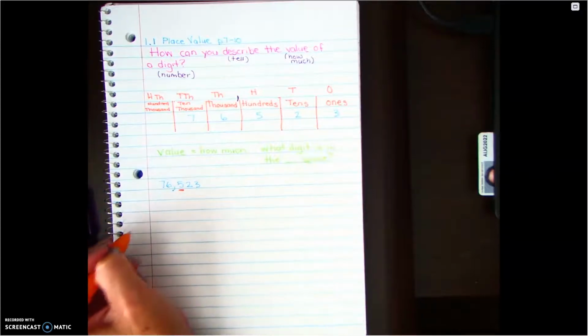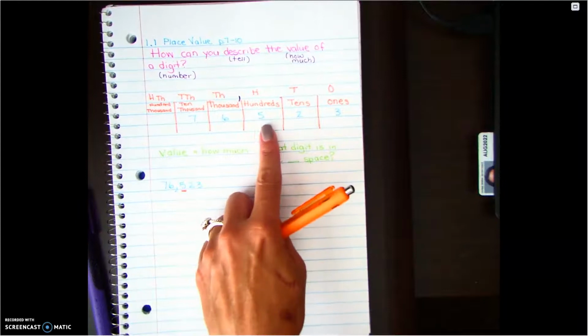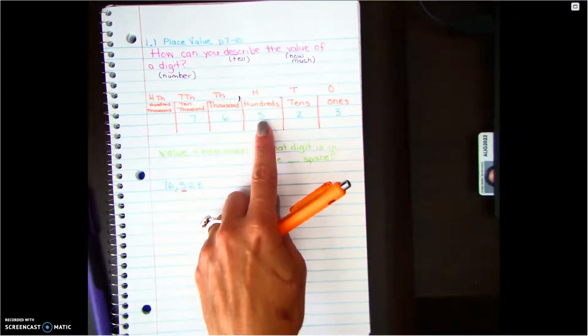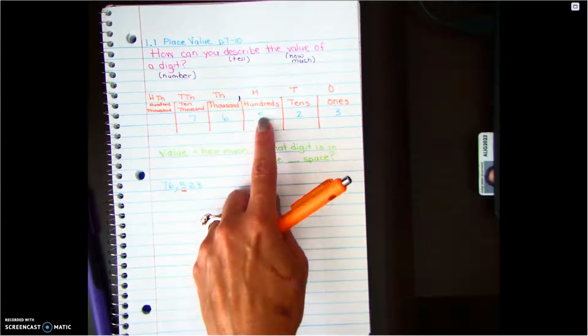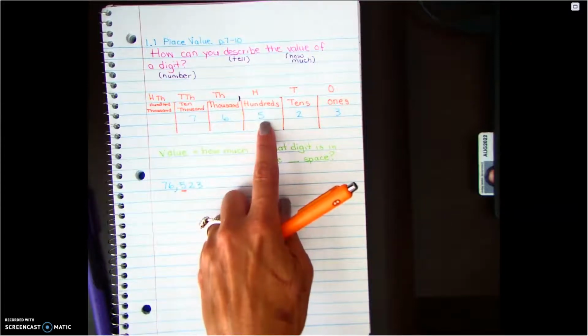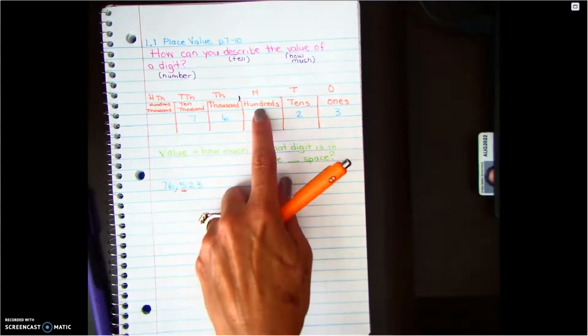All right, so now I want to know what is the value of the 5? If I look up here, if I just say 5, that's just 5 ones. Think of it as dollars. Is that $5? What that really means is that's 5 hundreds.